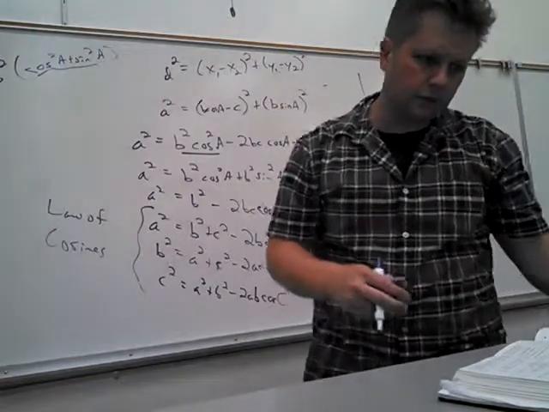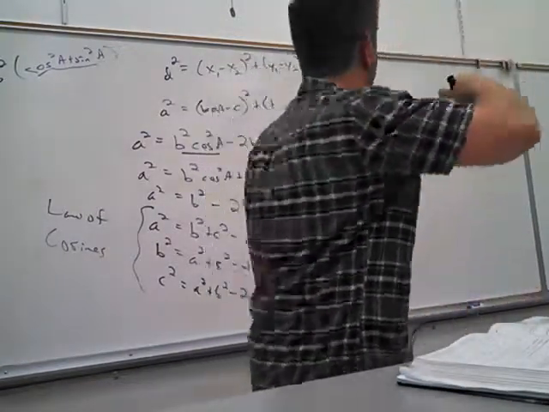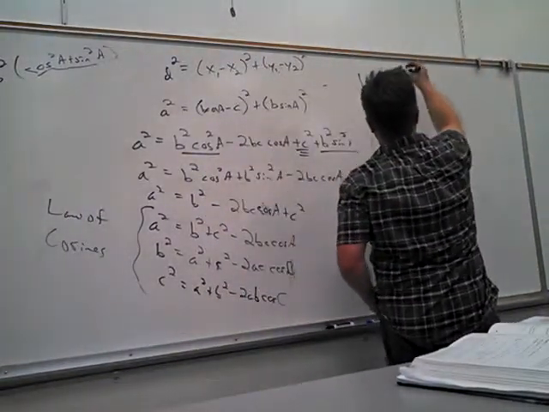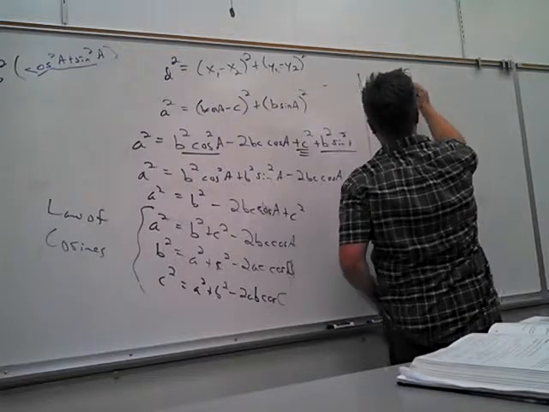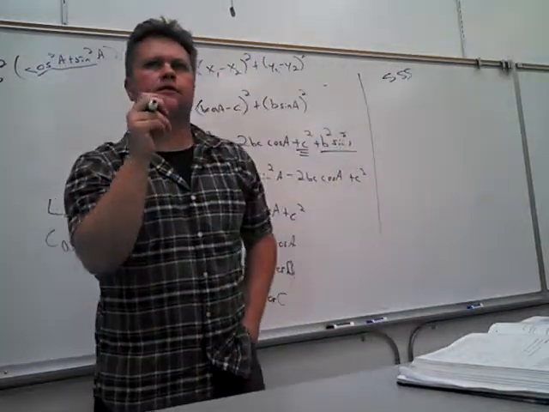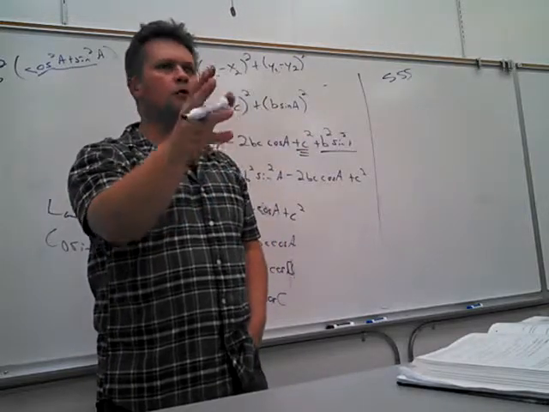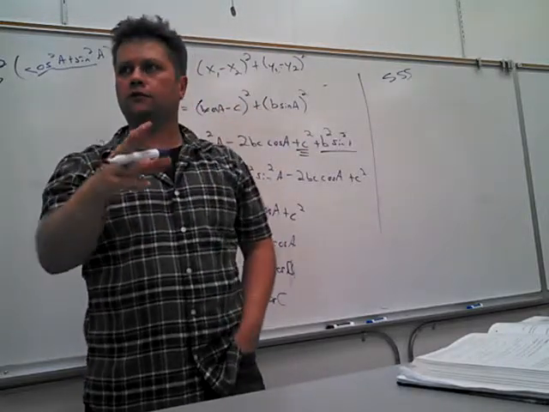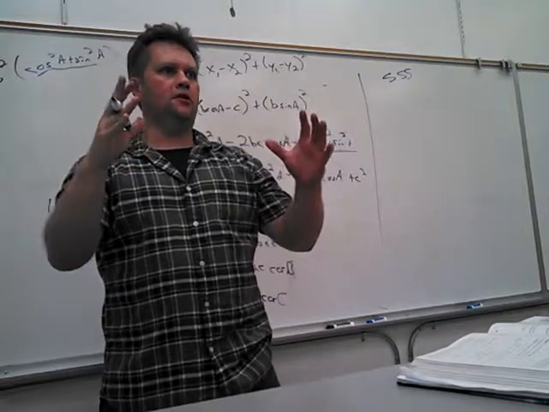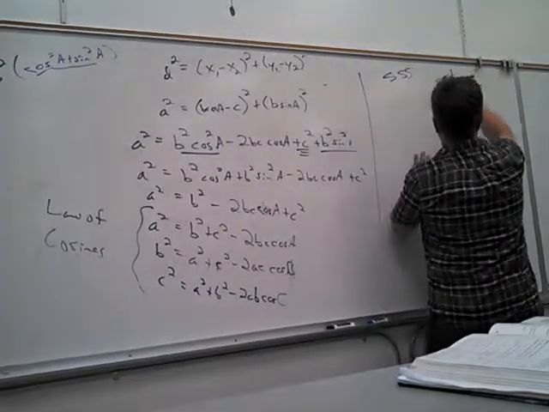So this is the situation. Now this would be something I can use for a side. And the really cool thing about the law of cosines is there's no ambiguous case, because of the output for inverse cosine. I don't know if you guys remember, cosine was this dude.